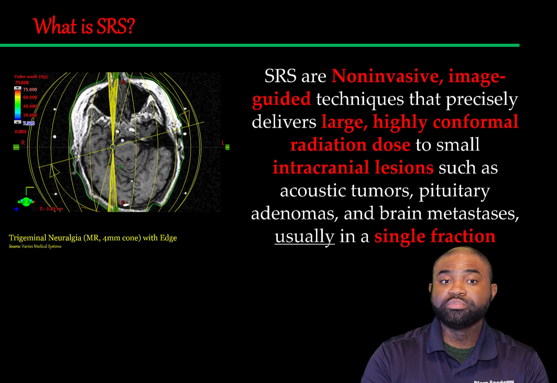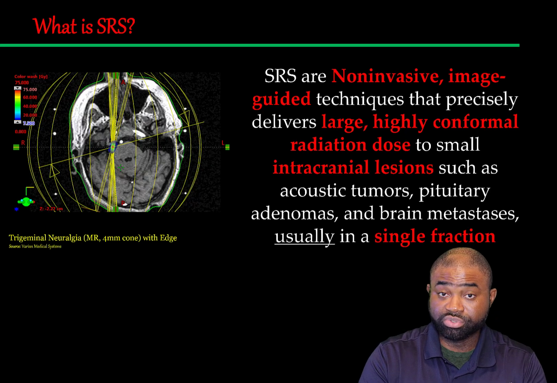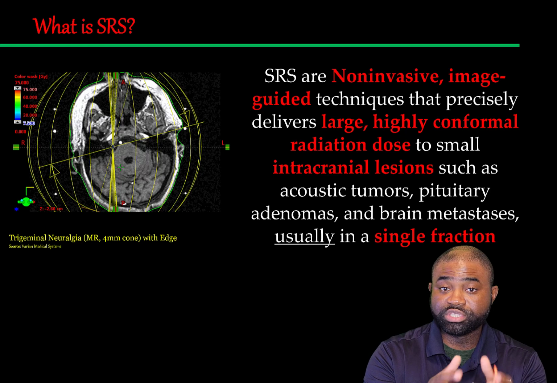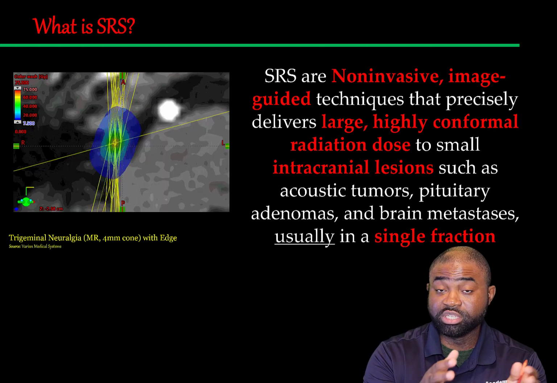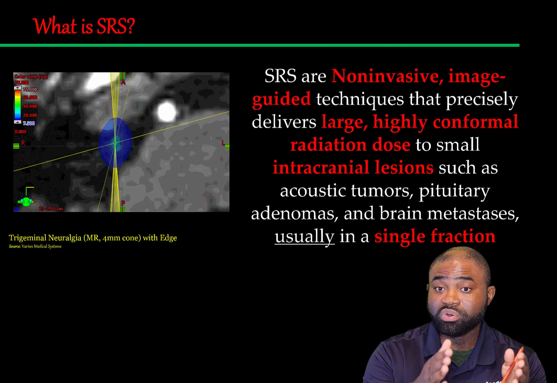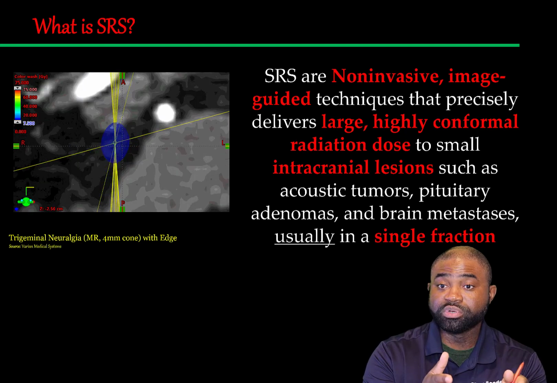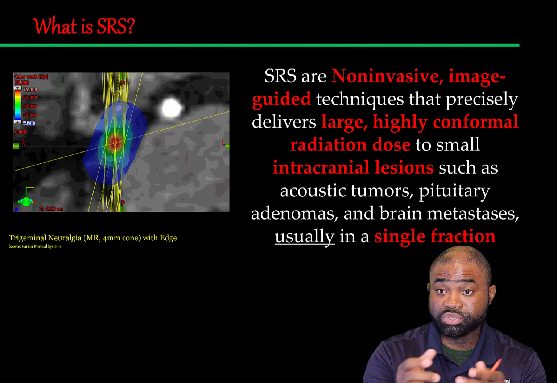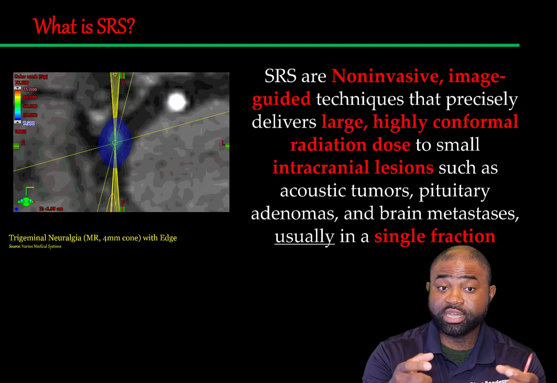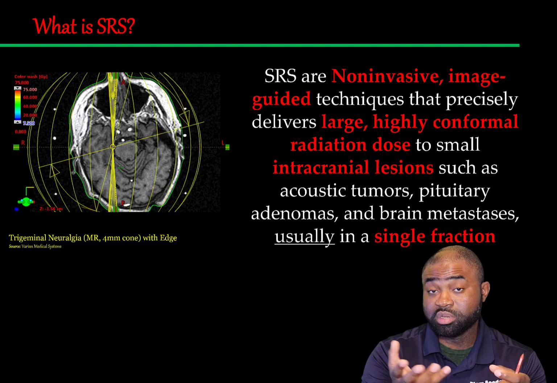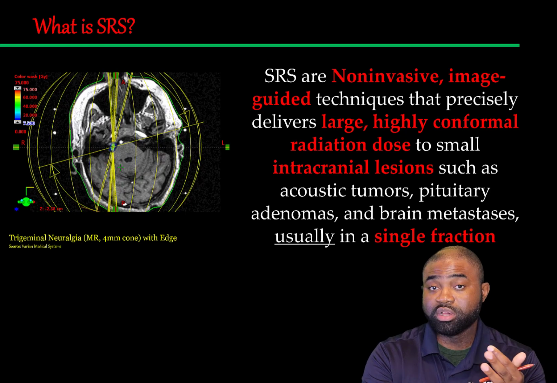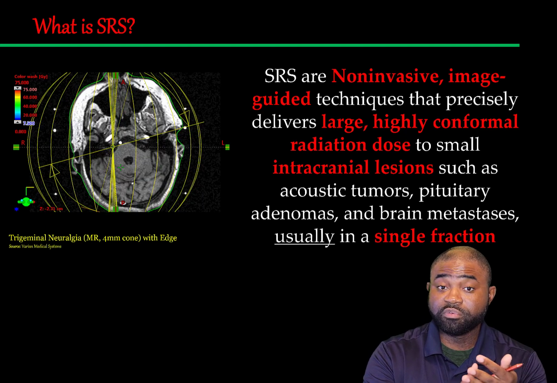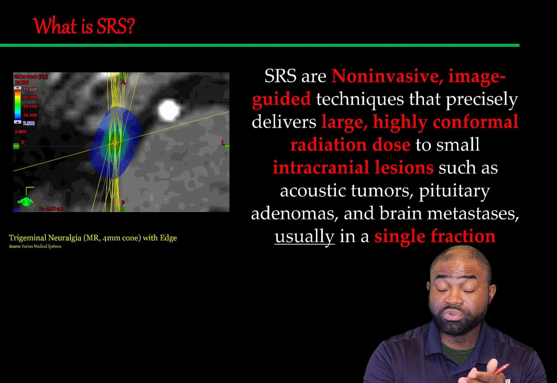In simple terms, stereotactic radiosurgery consists of non-invasive techniques that precisely and accurately deliver large or highly conformal radiation doses to small intracranial targets. Typical targets include brain metastases, acoustic neuromas, pituitary adenomas, and trigeminal neuralgia.